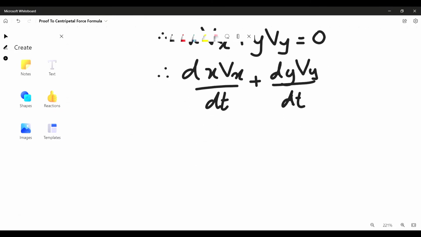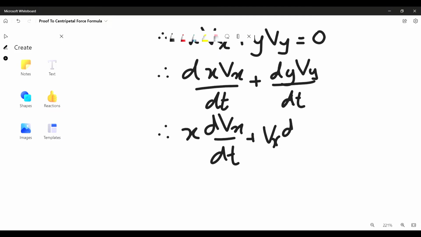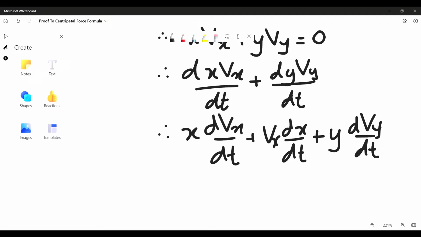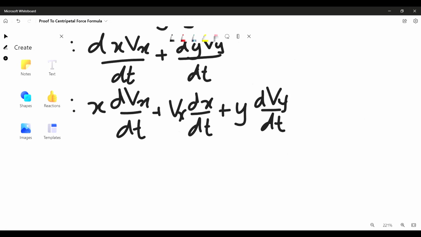If we do this, we just have a little product rule: x dVx over dt plus Vx dx over dt, plus y dVy over dt plus Vy dy over dt, and of course the derivative of 0 is just 0.